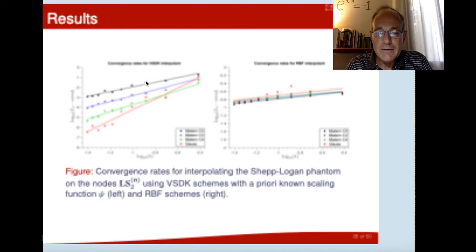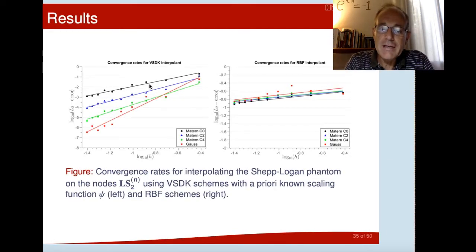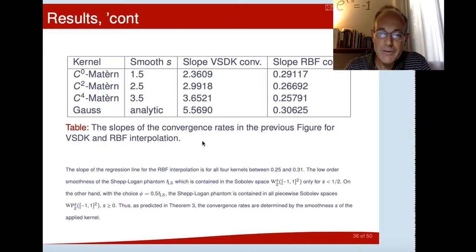As you see, the convergence rate for the VSDK is much bigger than the convergence rate for the RBF interpolant, which, as you see from the picture, is concentrated between minus 0.8 and minus 1. Here we go from minus 6.5 up to minus 3, which is the power of the convergence that we are showing with the different kernels and different colors indicated here.